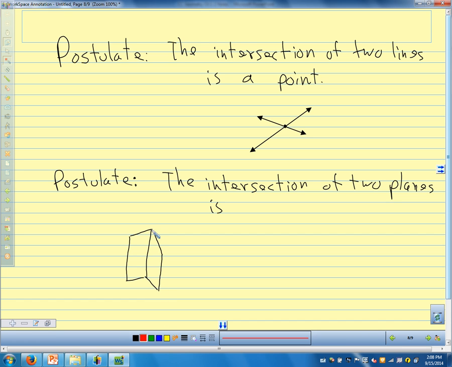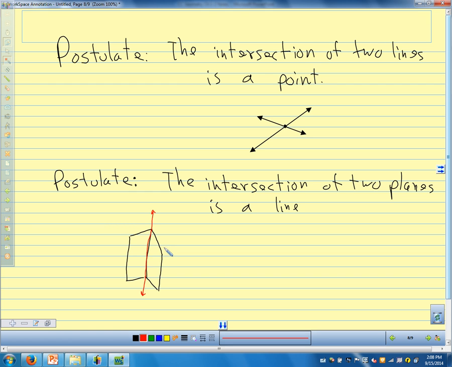So here's their intersection. And what kind of thing would that be if we extended it infinitely? A line. My planes extend infinitely in all directions, so that's going to be a line.